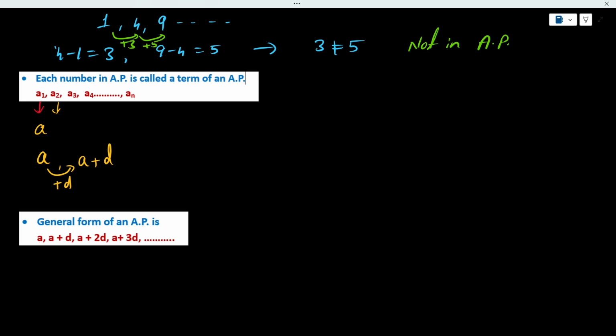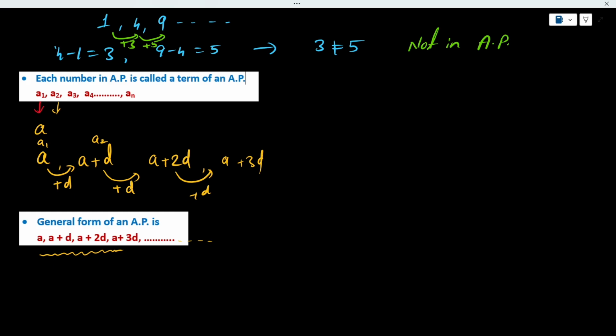Similarly, if the common difference is D from the second term, this is your A1, this is your A2. Then adding another D, it becomes A plus 2D. Another D, it becomes A plus 3D, and so on. So these are the general form: A, A plus D, A plus 2D, A plus 3D, of any arithmetic progression.